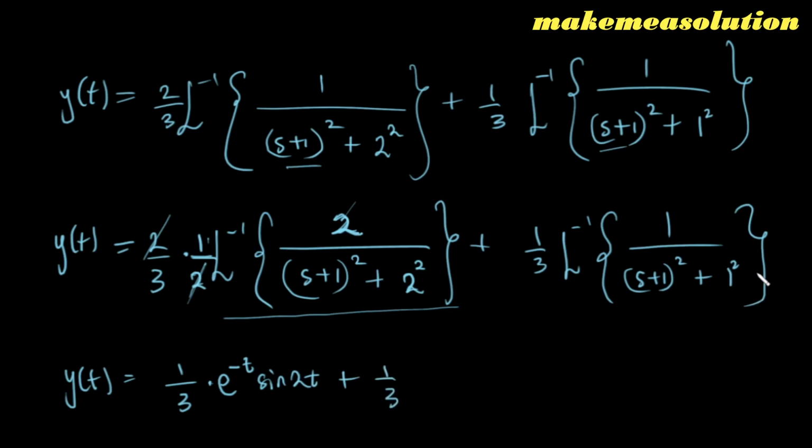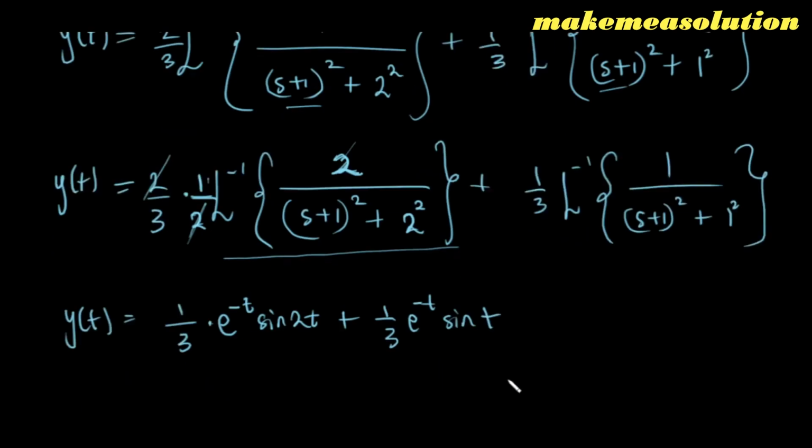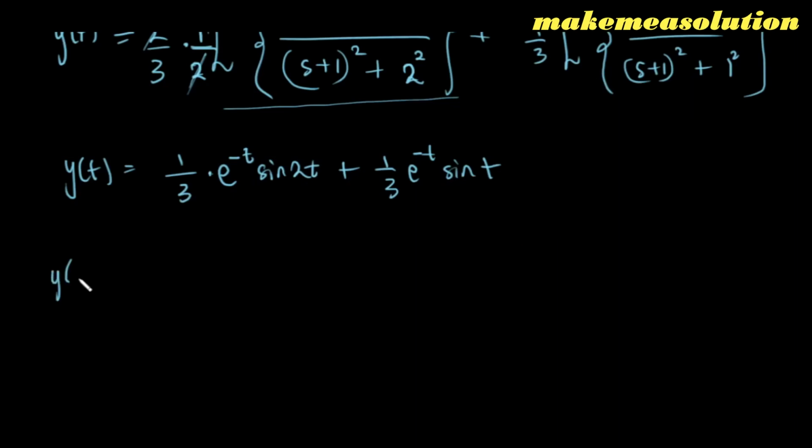For this one, if I use the shift theorem, it will be exponential minus t, and you now have sine t. Is that okay? So at the end of the day, our y of t is exponential minus t over 3 into sine 2t plus sine t.